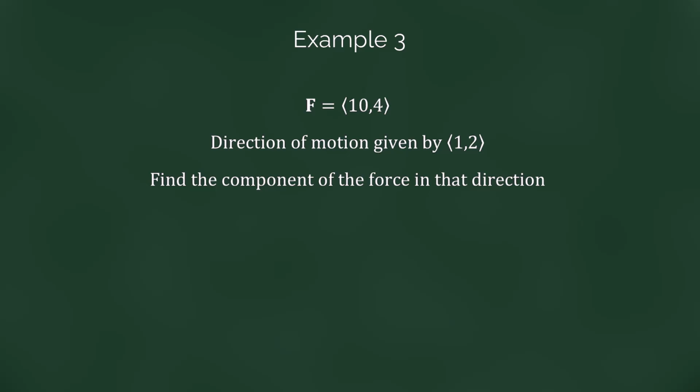So this is the same as asking, what is the scalar projection of that force onto our motion vector. Let's call it D for direction, because that's a little more standard. We're going to look at the scalar component of the projection of F onto D. So we know that that is going to be F dot D divided by the magnitude of D.